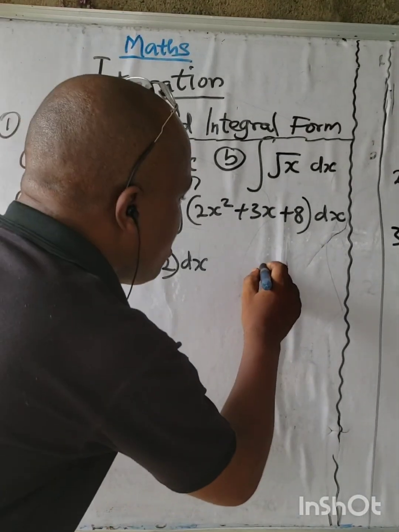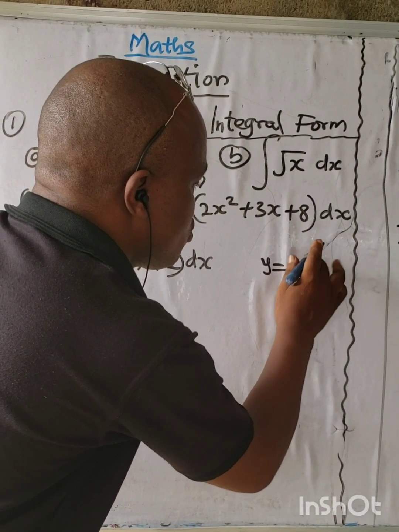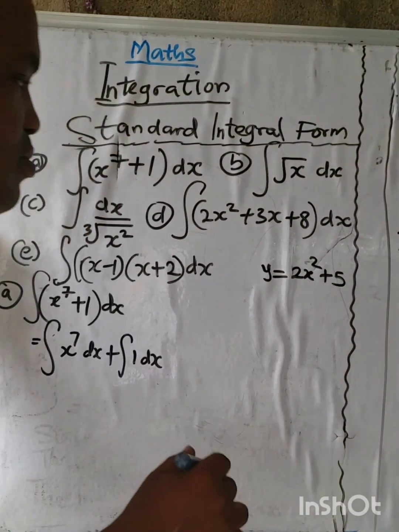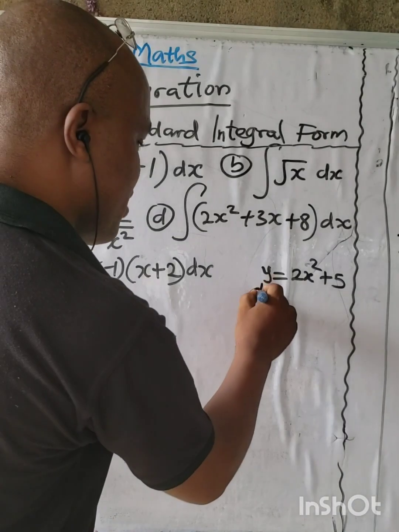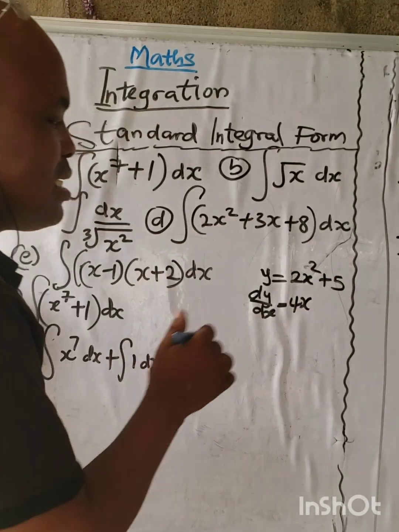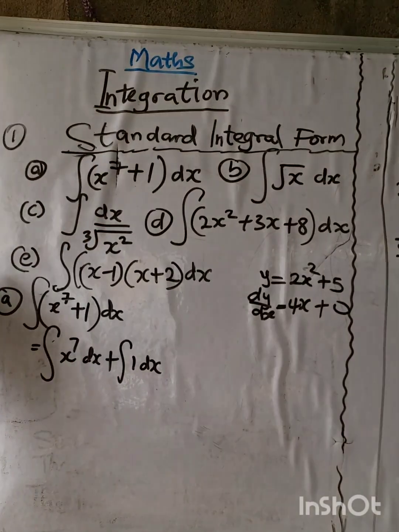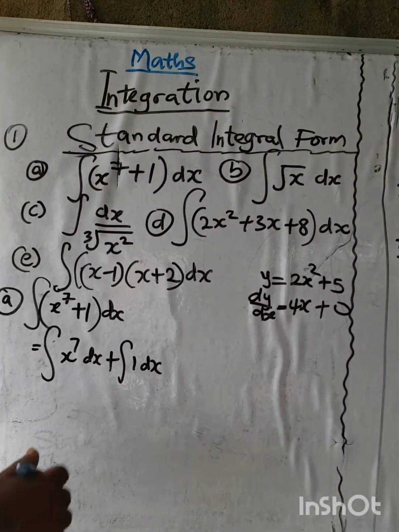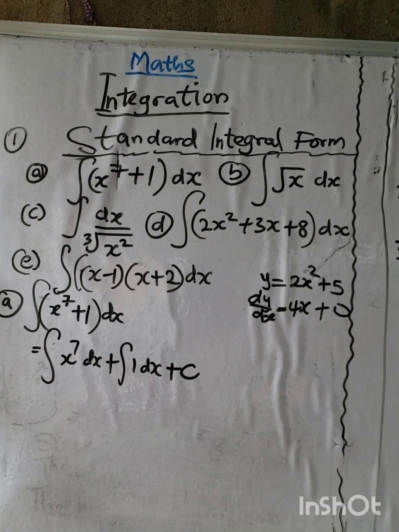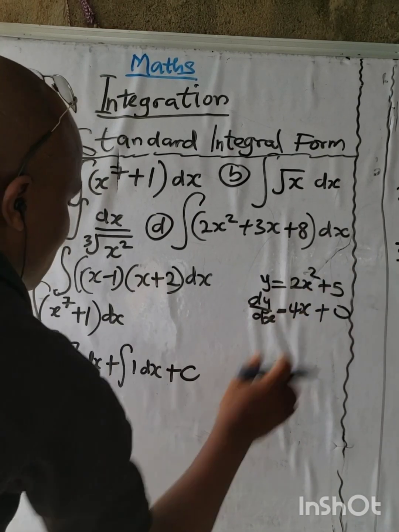You know, when we have y equal to 2s raised to power 2 plus 5, when we differentiate this, dy/ds will become 4s, and the dy/ds of this 5 will become 0. For this reason, we are going to add one constant, which is c. It will be there like that to represent the constant.